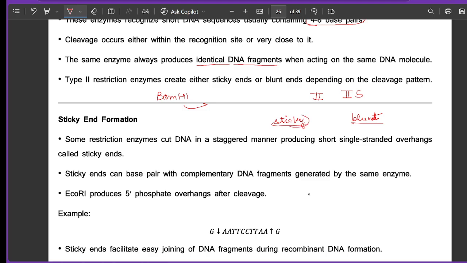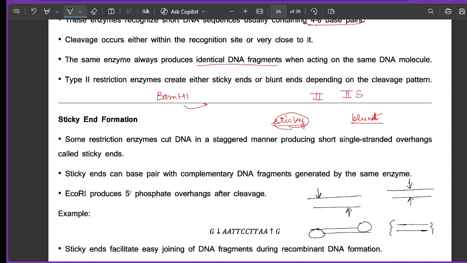So if sticky ends are produced, let's take an example. If this is our particular DNA, now here it has been cut and here it has been cut. Now it is cut in a way that such kind of DNA is produced. Now here you have a sticky end and here also you have a sticky end. But if it is cut in a way, let's say like this, in that condition this kind of DNA will be produced with no sticky ends here.